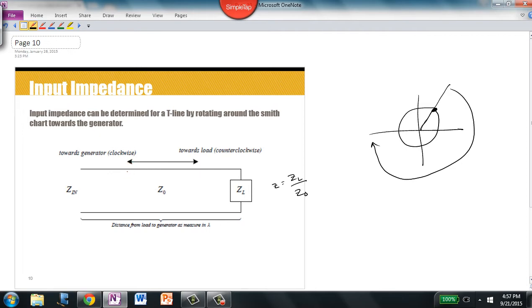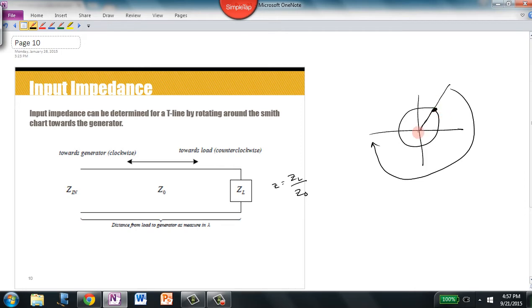To determine the input impedance of a transmission line of a certain length, measured in lambda, connected to a load ZL using the Smith chart, you first calculate the normalized load impedance. You then draw the operating circle for the point.